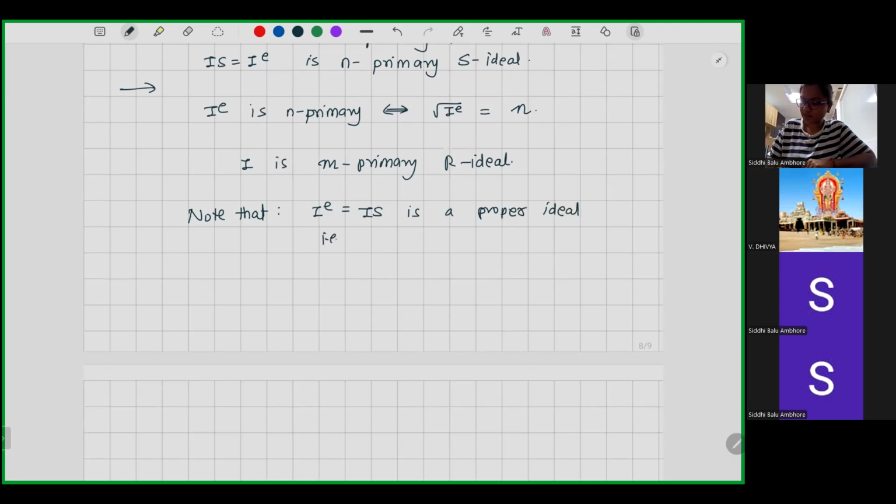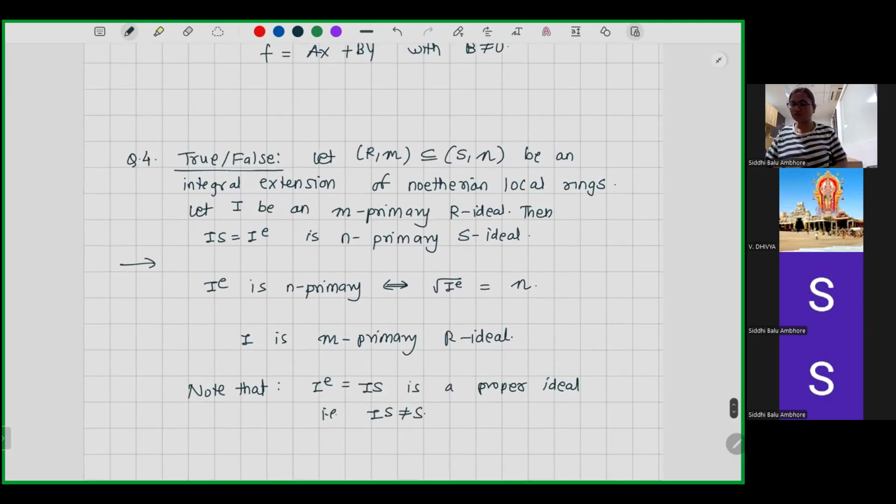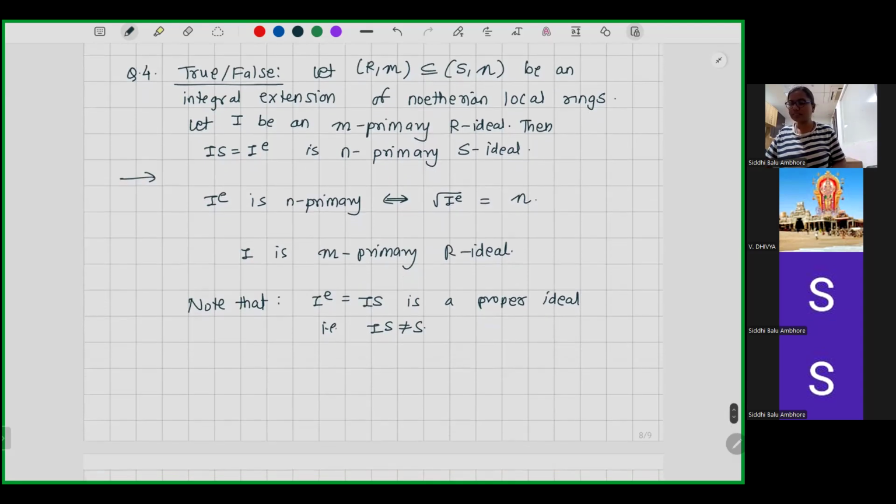That is, this IS is not equal to S. Is this happening here?